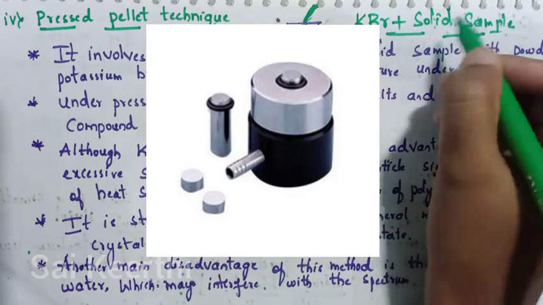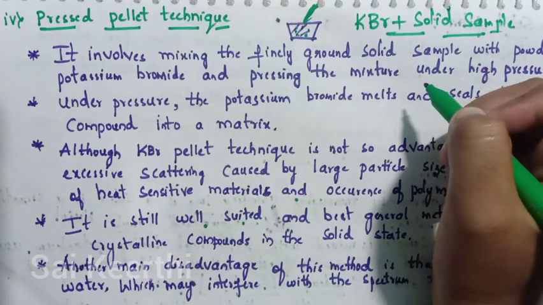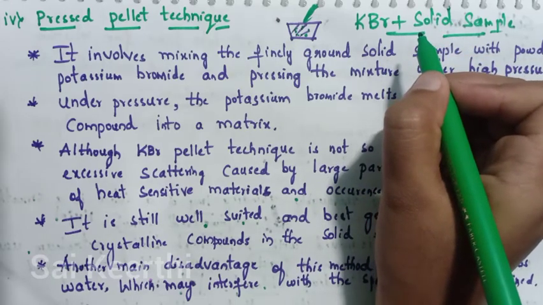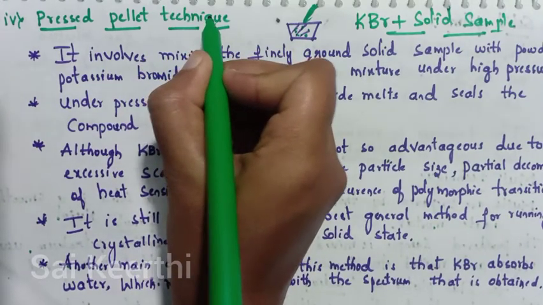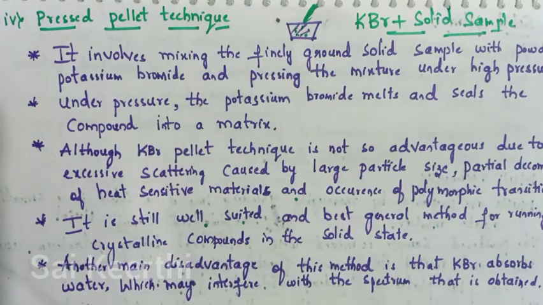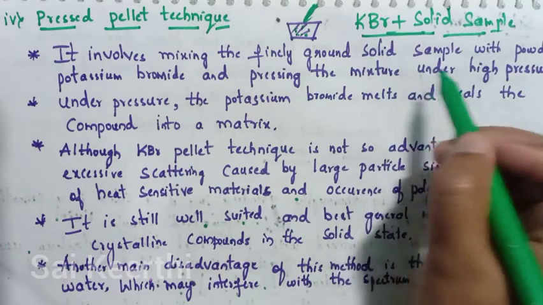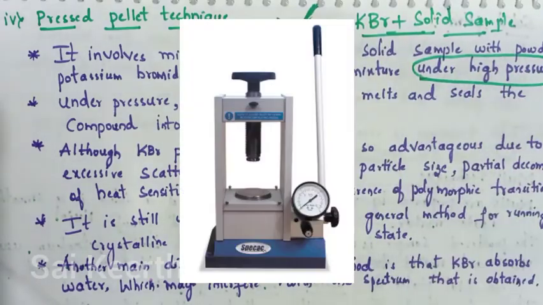This mixture is placed in between the dies and the pressure is applied through the hydraulic press and we will obtain the pellets. So it is termed the pressed pellet technique. Then these pellets are examined by keeping them in the path of the infrared beam. This mixture is placed under high pressure by using the hydraulic press.